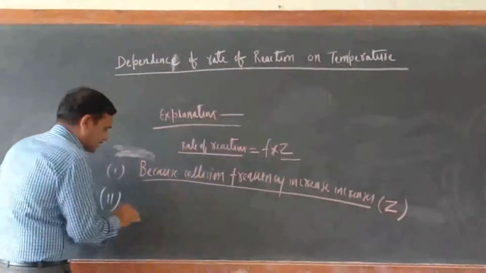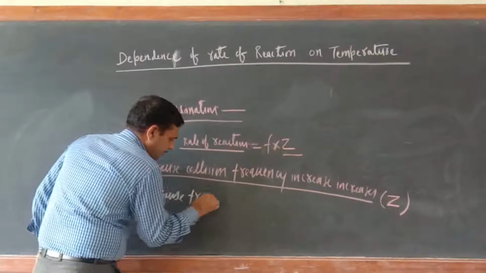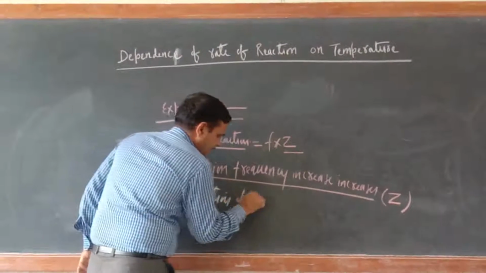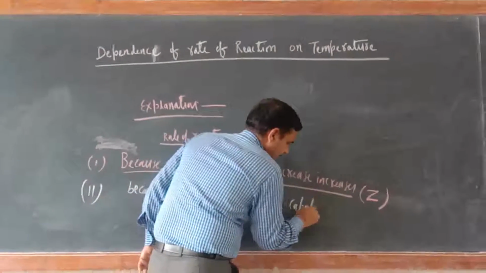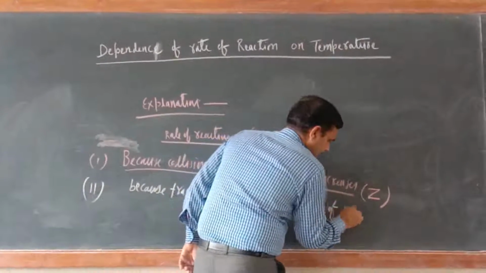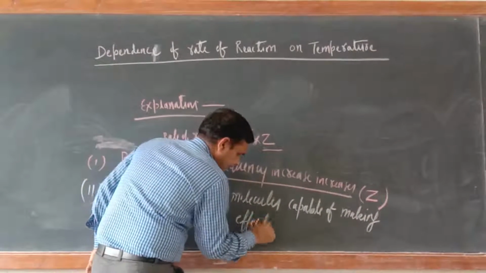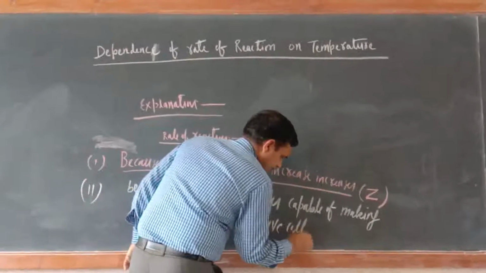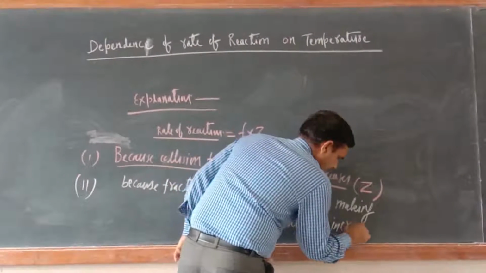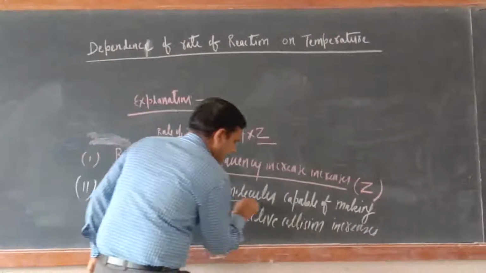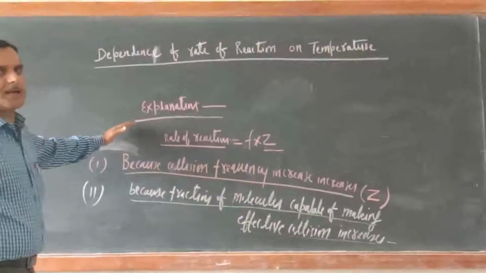F means fraction of molecules capable of making effective collision, which also increases. That is why the rate of reaction increases.